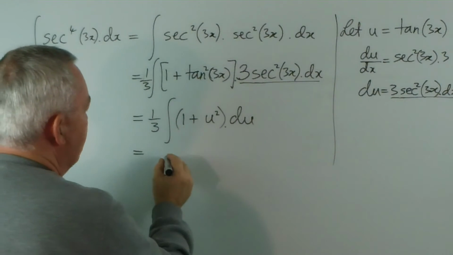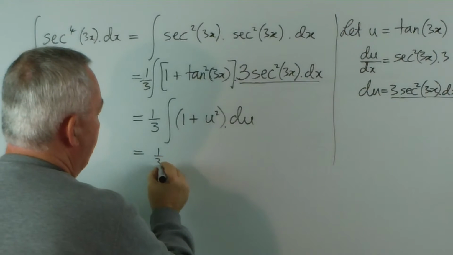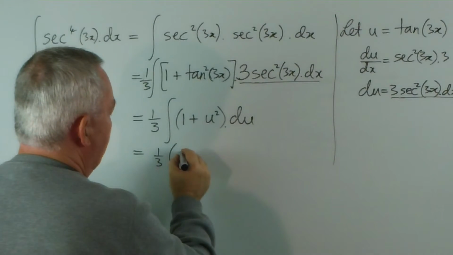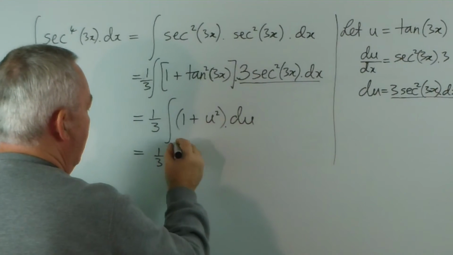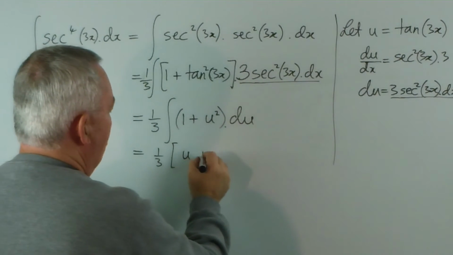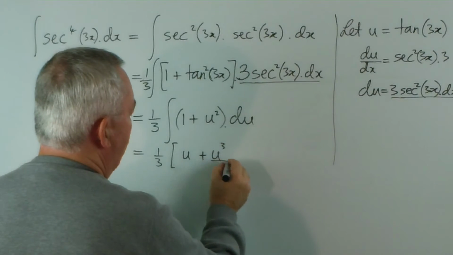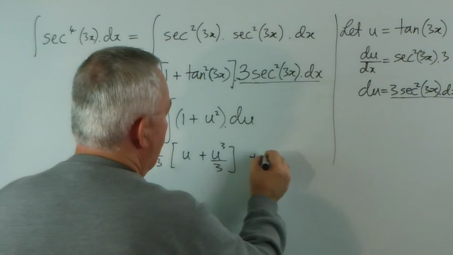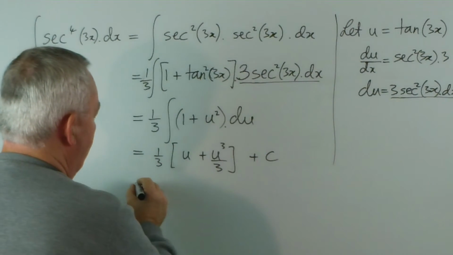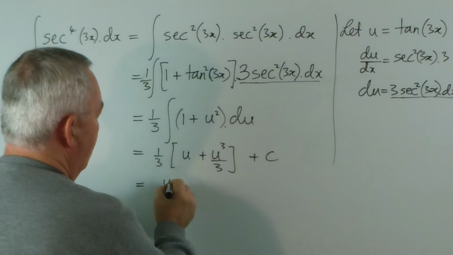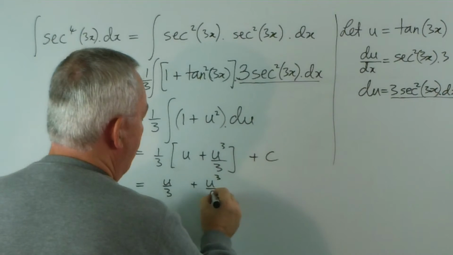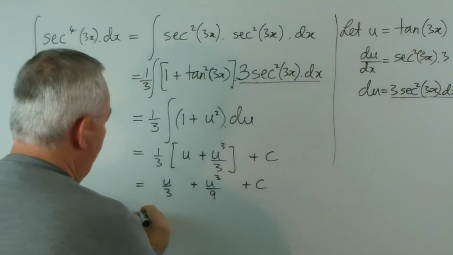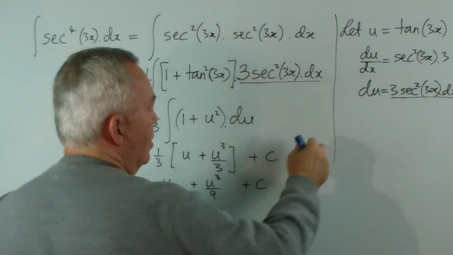What I get, of course, is 1/3 times, I'll use brackets rather than parentheses, u plus u cubed on 3 plus c, which of course would be u on 3 plus u cubed on 9 plus c, and to tidy it up I would just substitute back.